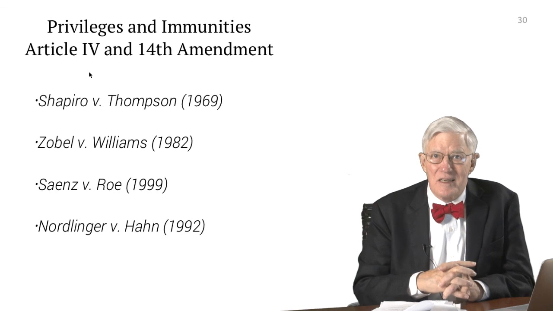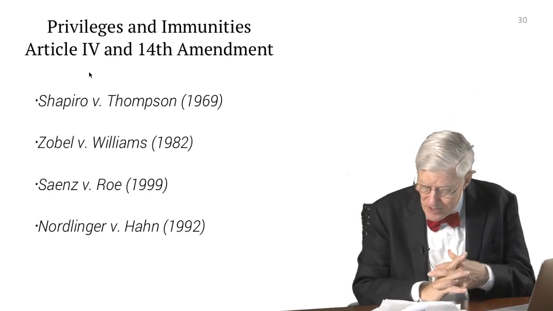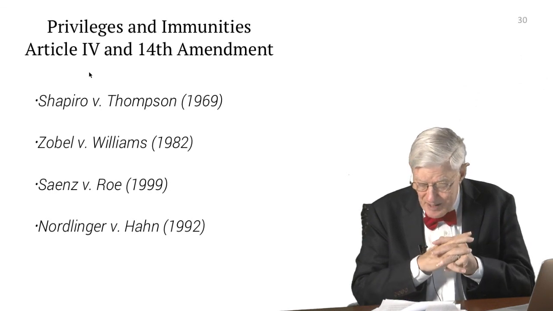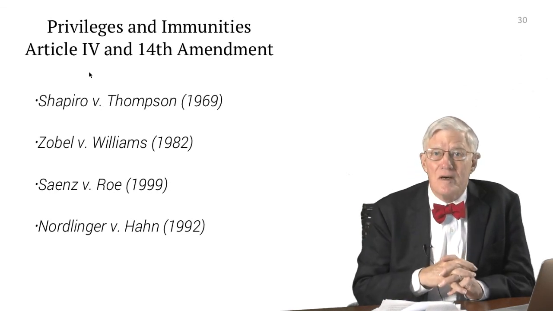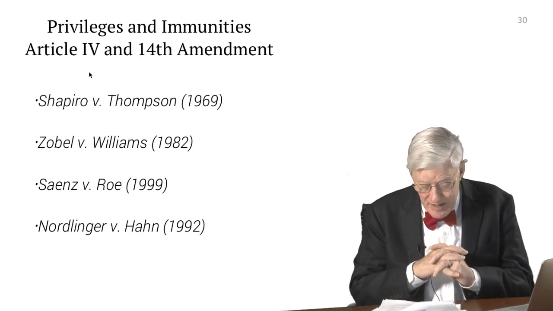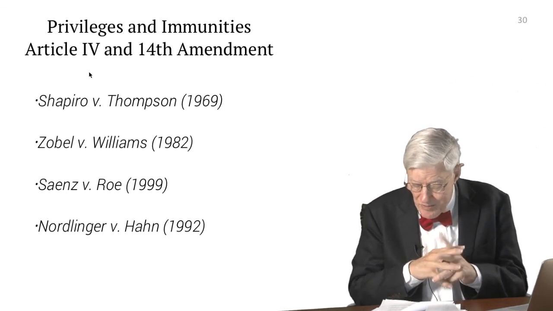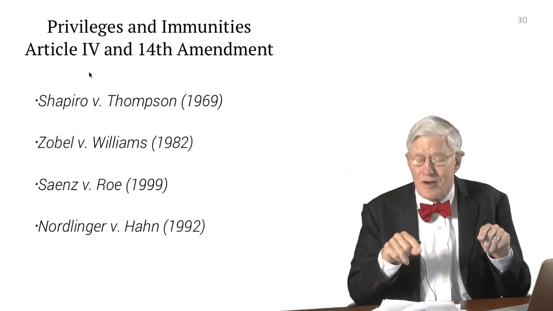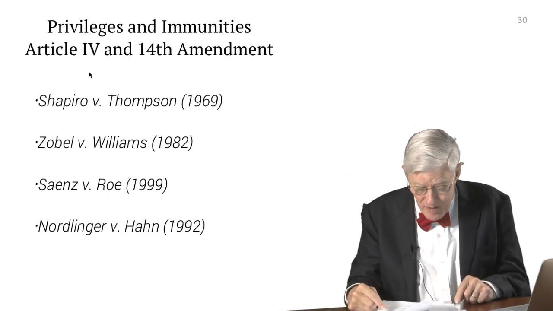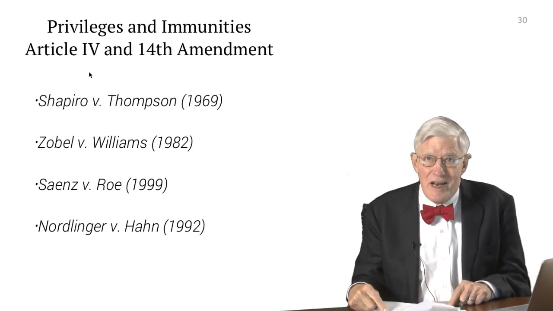The earlier case of Shapiro versus Thompson held unconstitutional a District of Columbia law denying welfare assistance to residents of the state who had not resided within their jurisdiction for at least 1 year. And this applied not only to the District of Columbia, but to other states that were involved in this consolidated case.